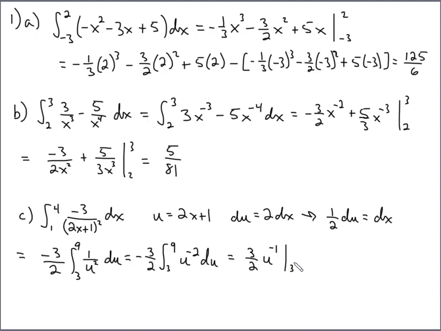Evaluating this between 3 and 9. That's the same thing as having 3/2 u evaluated from 3 to 9. So if you plug in 9 and you plug in 3 and you subtract the two of those, you should get negative 1/3.